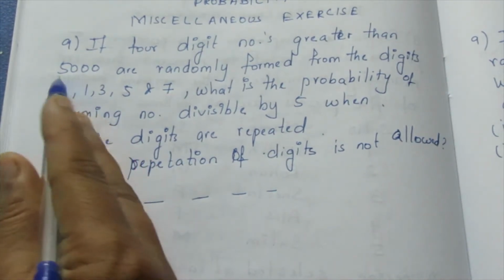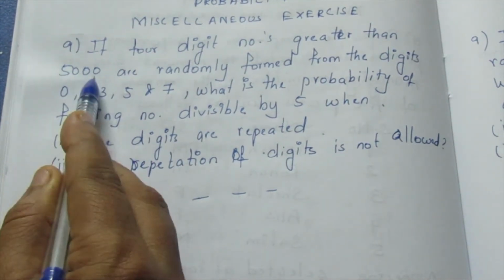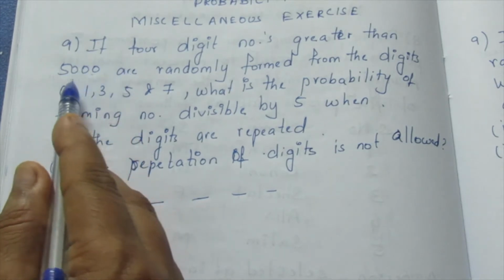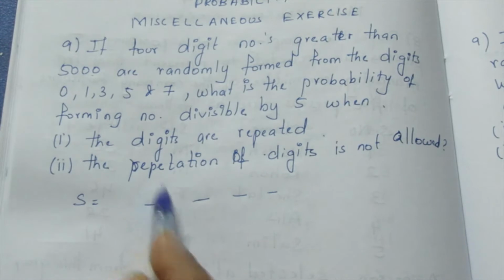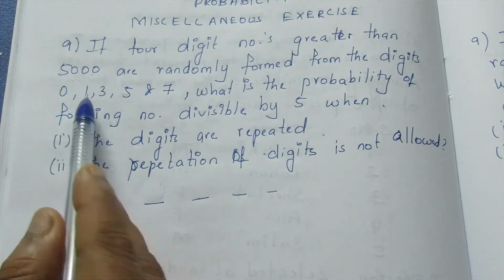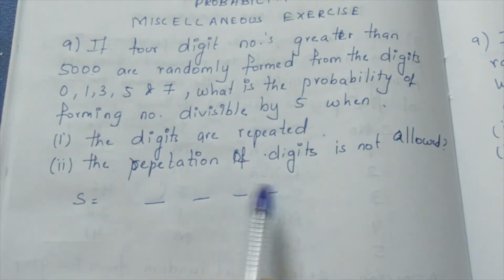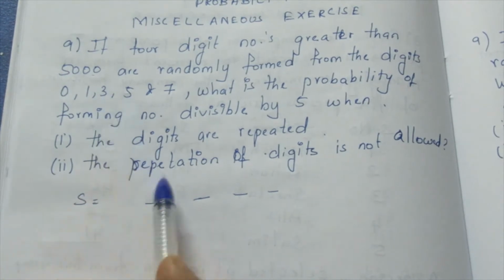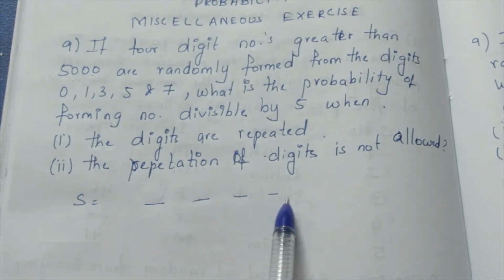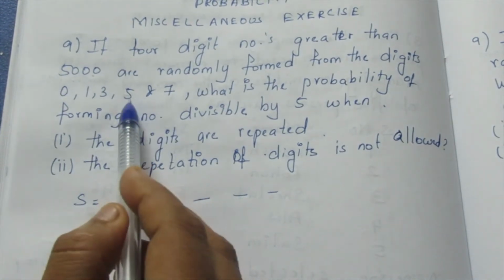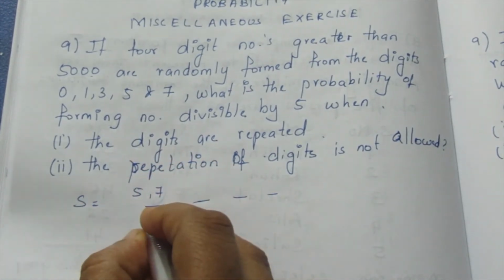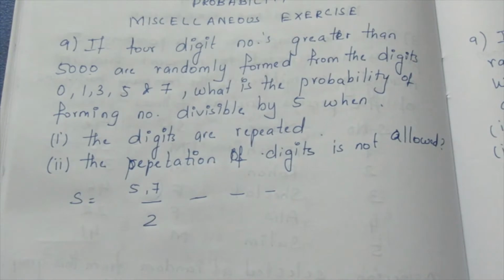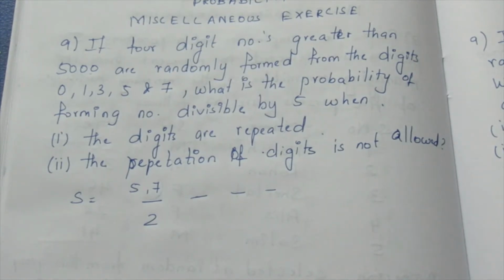Now, the number should be greater than 5000. In the first blank, I can't fill 0, I can't fill 1, because 1 something will be less than 5000. Even 3 I can't fill, because 3 something will be less than 5000. I can fill only 5 or 7. So, there are only 2 ways to fill my first blank space.